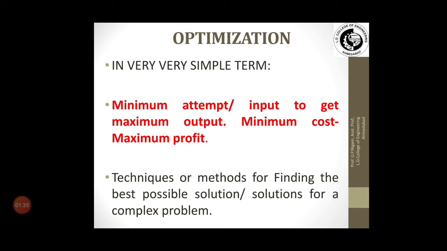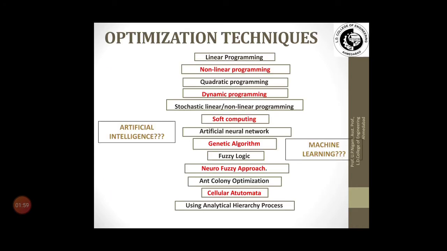In civil engineering, the minimum cost to maximum profit ratio can be maintained by using optimization. It is a technique or method for finding the best possible solution for a complex problem. Whatever the complex problem, whatever the number of alternatives we have, we will try to find some solution.